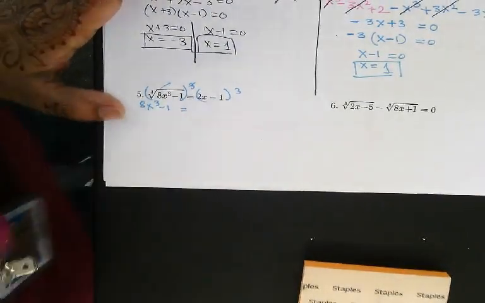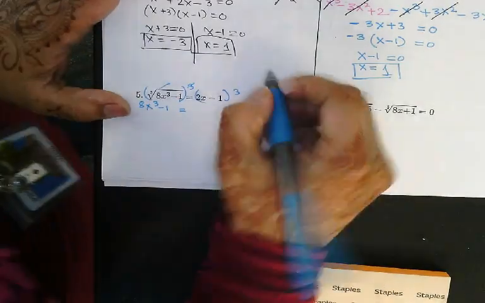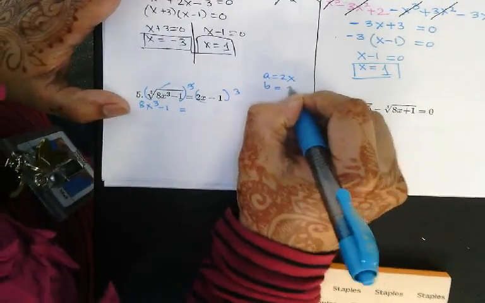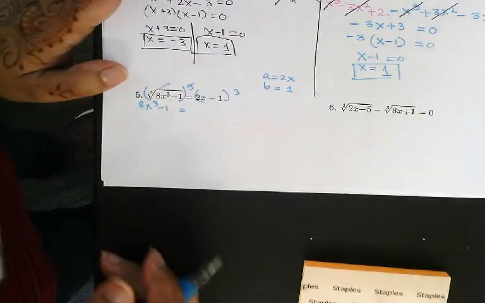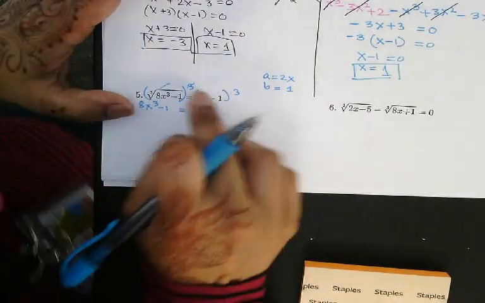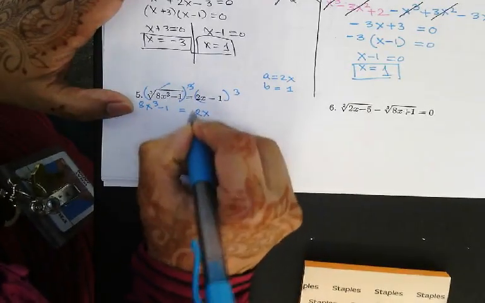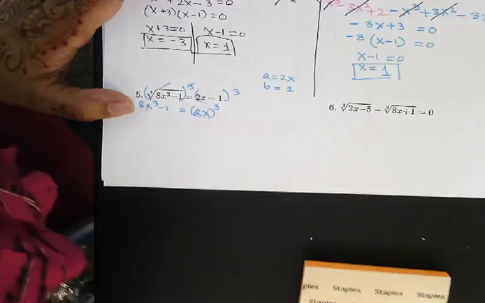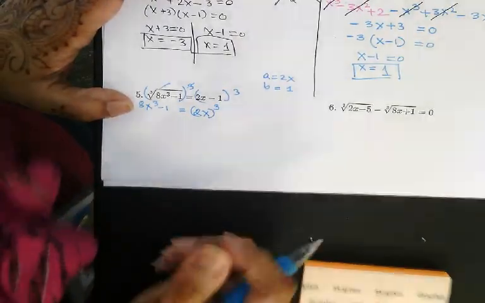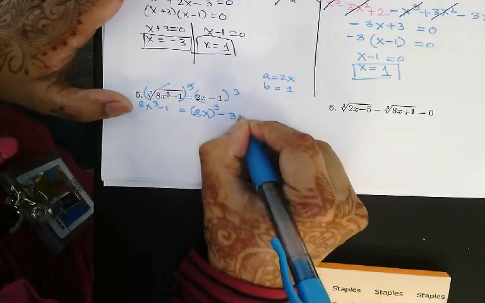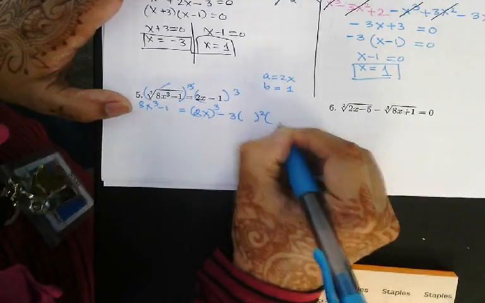Now, again, what was your a value? 2x, and the b value was 1. And it's a negative, so we're going to apply the negative formula, correct? So the first one is a cube. So it's 2x, it's a whole cube. It's together, it's one term. Now minus 3a squared b.